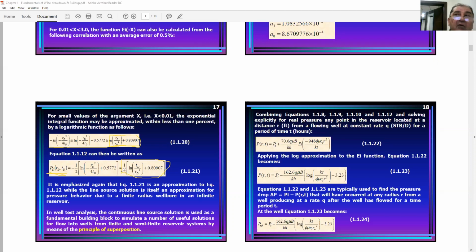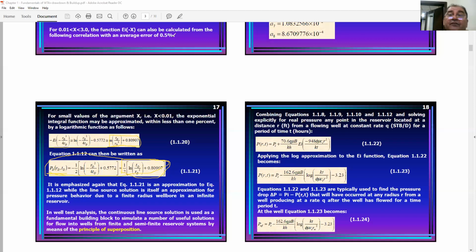You replace the EI function with this one, times minus half, minus with minus gone. So we will have half ln TD over RD squared plus 0.80907. This is the solution actually.